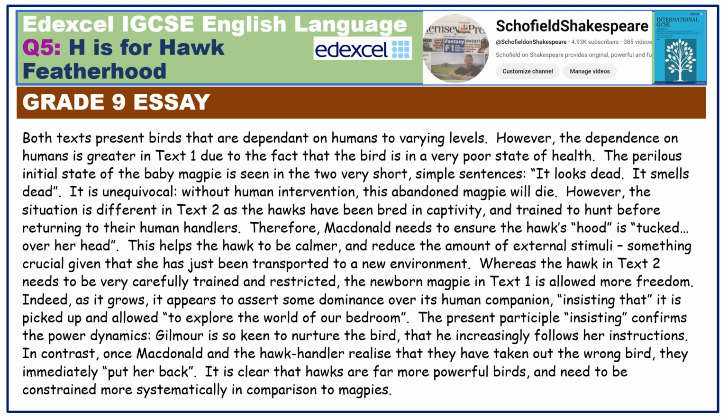Gilmore is so keen to nurture the bird that he increasingly follows her instructions. In contrast, once MacDonald and the hawk handler realise that they have taken out the wrong bird, they immediately put her back. It is clear that hawks are far more powerful birds and need to be constrained more systematically in comparison to magpies.